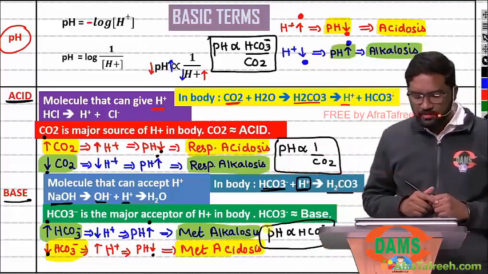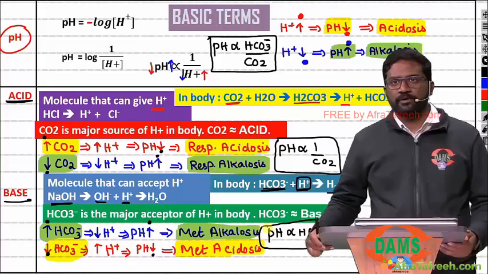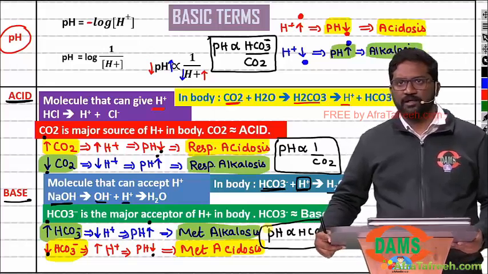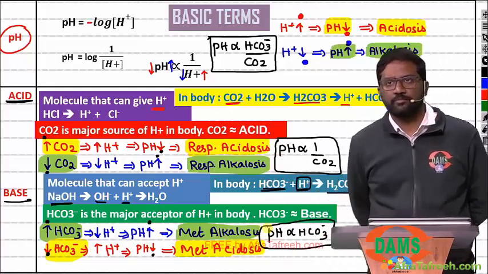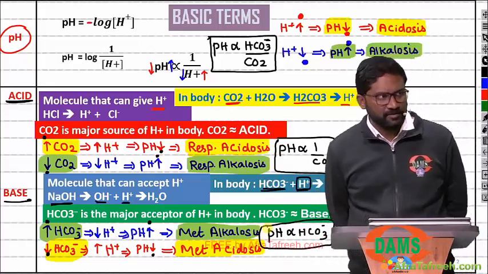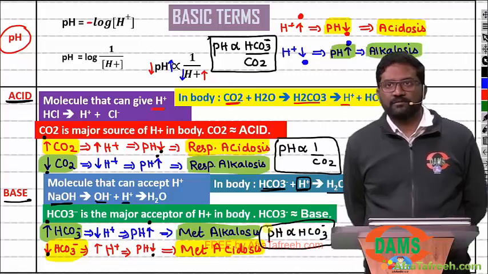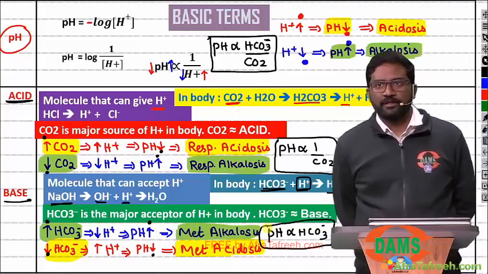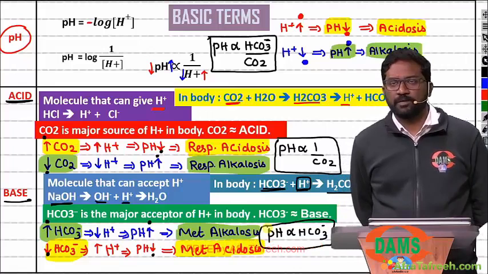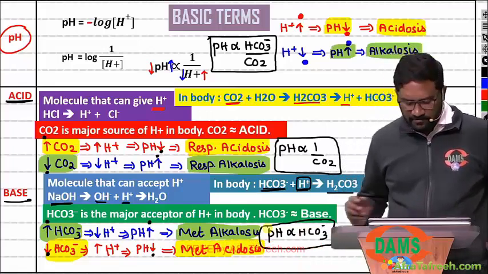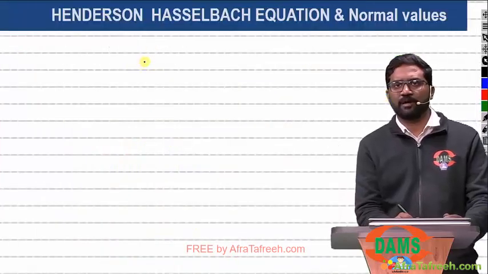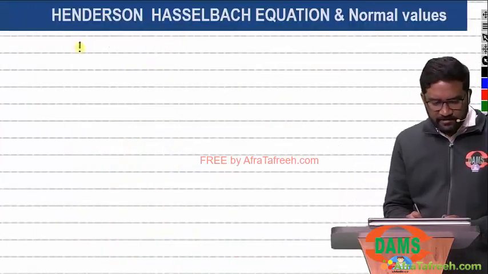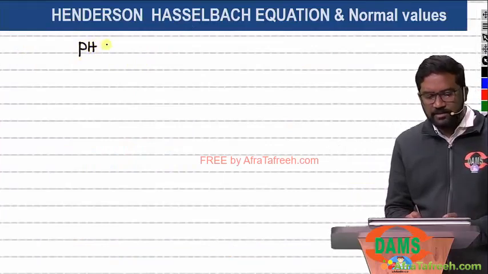Now what I am going to do is remove that proportionality and add equal to by adding some constant values. Now that equation, which will tell you the relationship between pH, bicarbonate and CO2, is the famous Henderson-Hasselbalch equation.